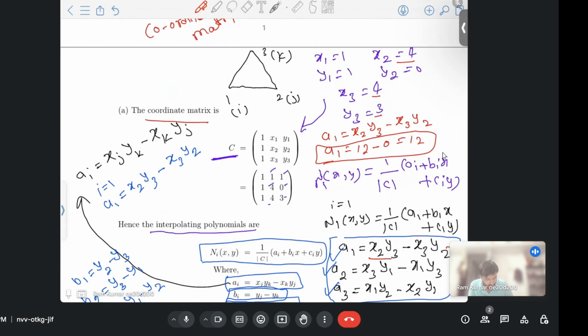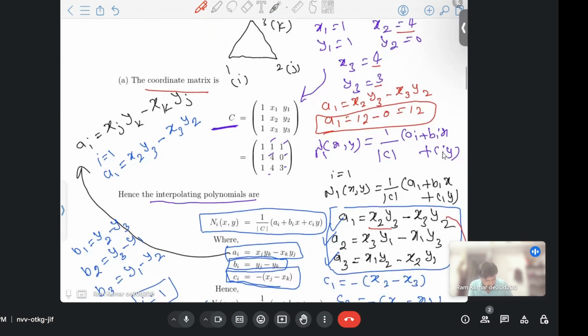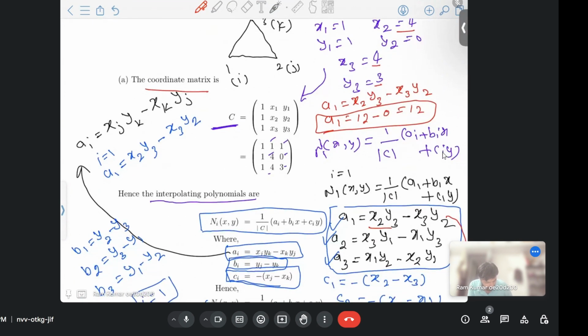Now similarly we are going to find a2. As I told you, this is the equation for a2. a2 equals x3 y1 minus x1 y3.